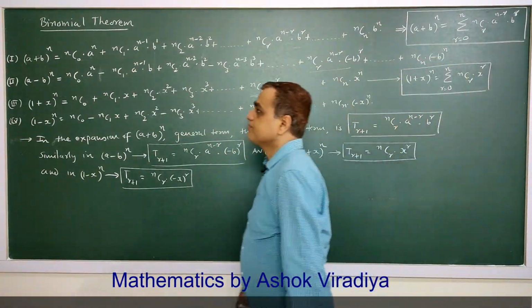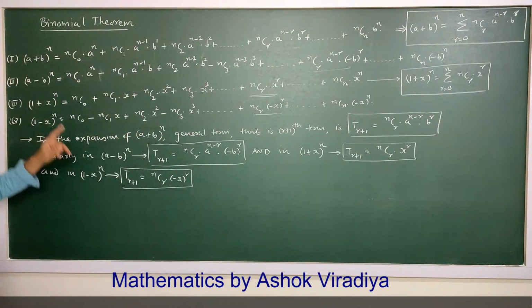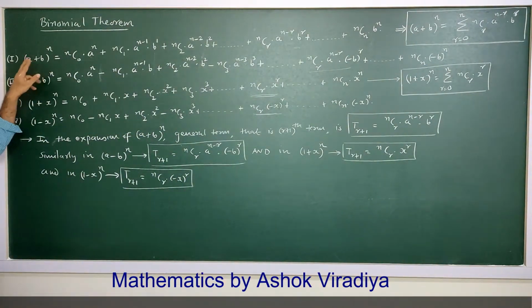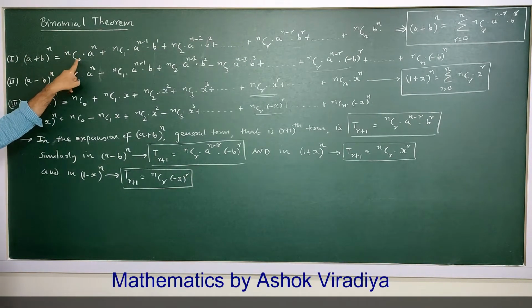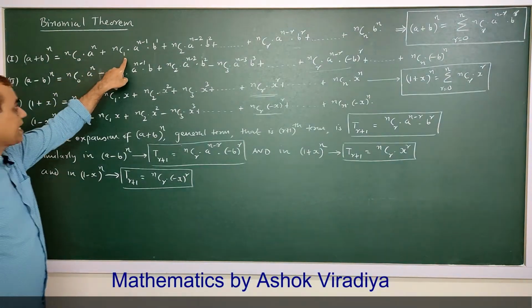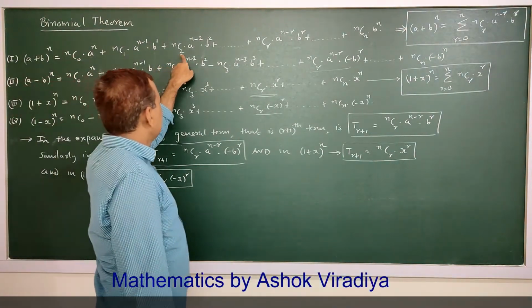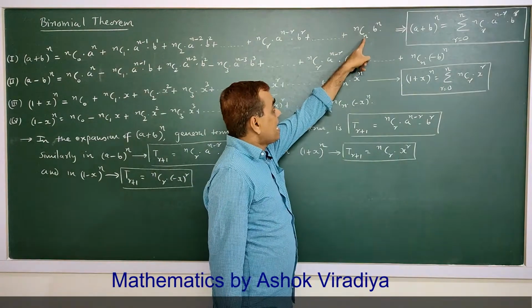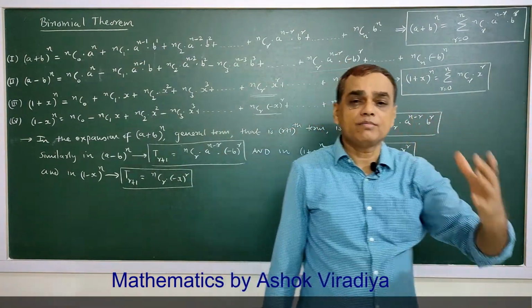Now look here. Count the number of terms in the expansion of (a plus b) raised to n. Here, this is the first term, this is the second term, this is the third term. So this will be the (n plus 1)th term.